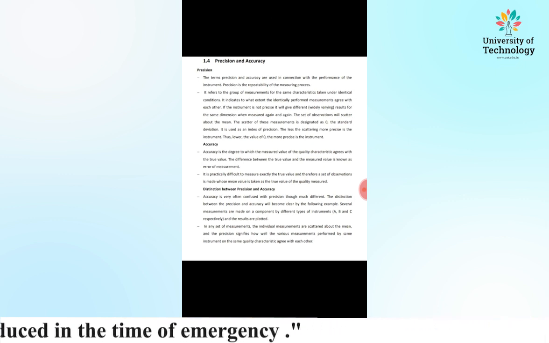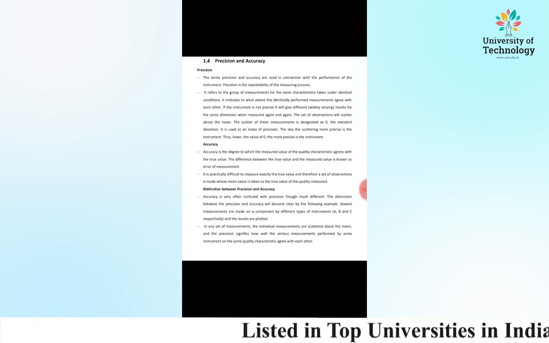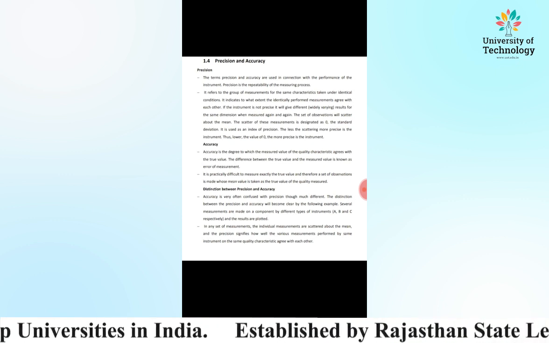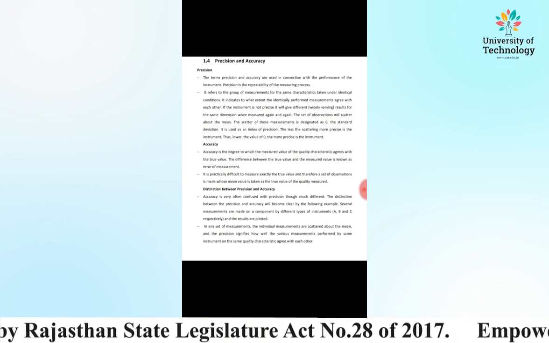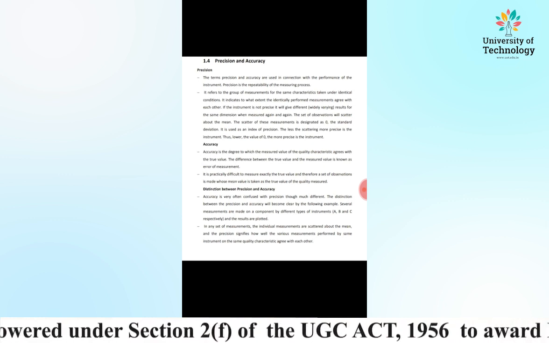Means we can say that if we reach the true value, or the closeness of the true value, then we can say that is the accurate value, or the accuracy. The difference between the true value and the measured value is known as the error of the measurement.